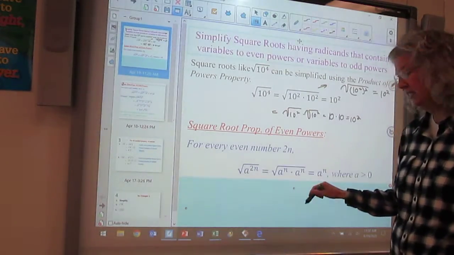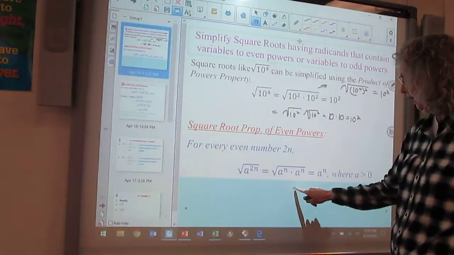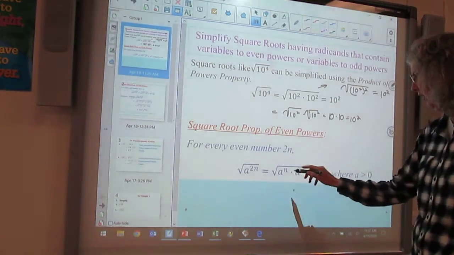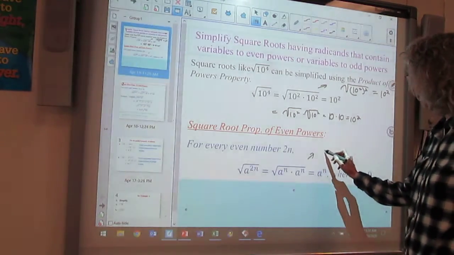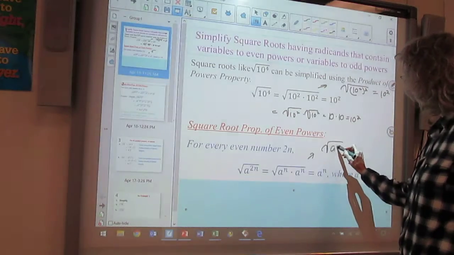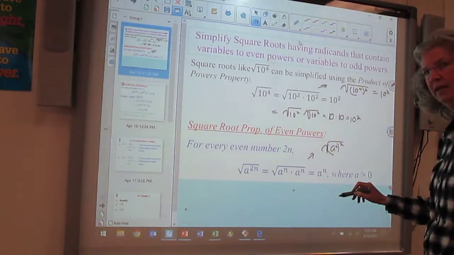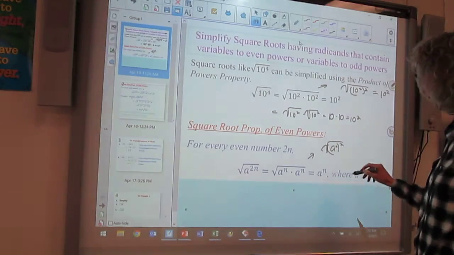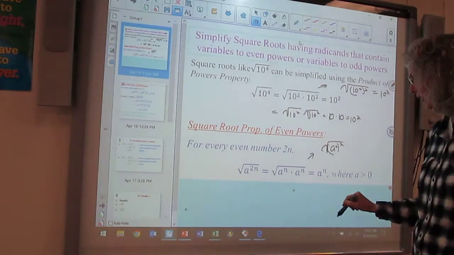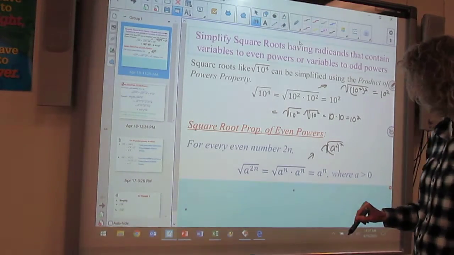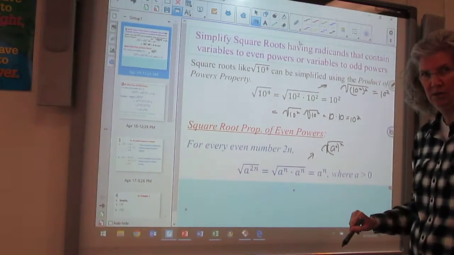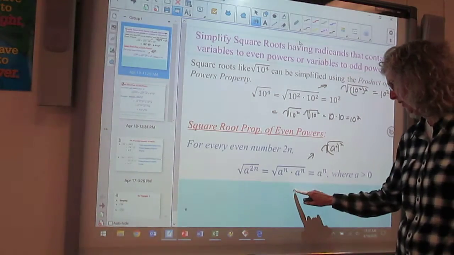So those are equivalent statements. The middle step here would be the square root of a to the n quantity squared, which is equal to a to the n. We need to assume that a is a positive number. Okay, this does not work if you have a negative number.